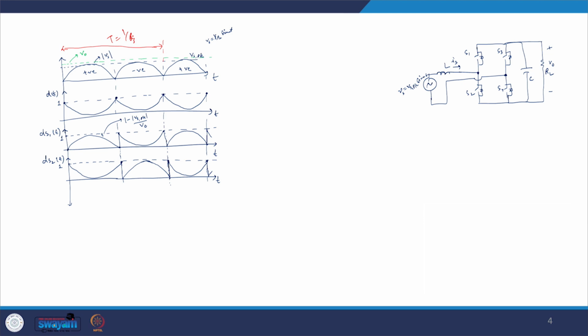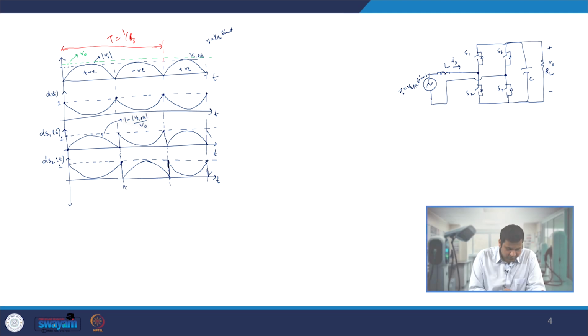In this entire line cycle, during the zero crossings, whether the line voltage is going from positive to negative or negative to positive, what we will see is that during the crossings the duty ratios of the devices S1 and S2 change abruptly from 0 to 1 or 1 to 0.